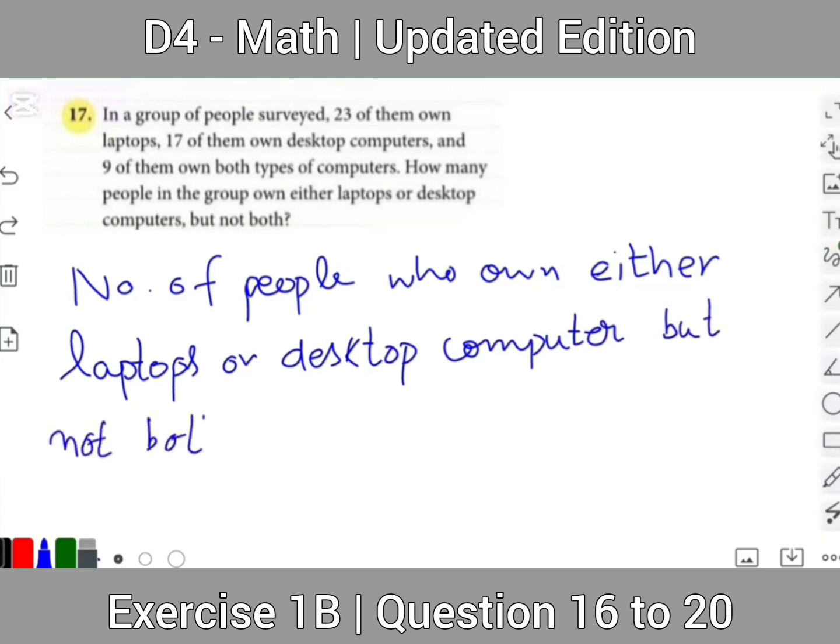To obtain this, we just have to add up the number of people who own only laptop and the number of people who own only desktop computers. Those are 14 plus 8 respectively. After adding these two numbers, we will get 22. The number of people who own either laptops or desktop computers, but not both, is equal to 22.